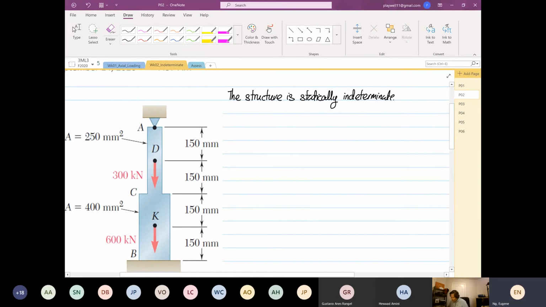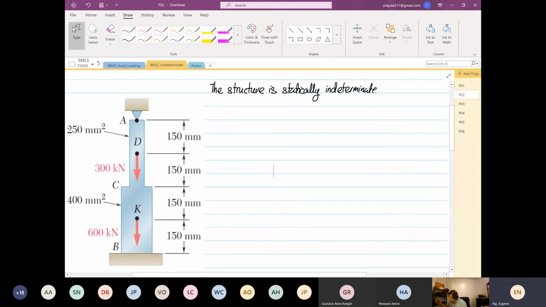So we know that this structure is statically indeterminate.